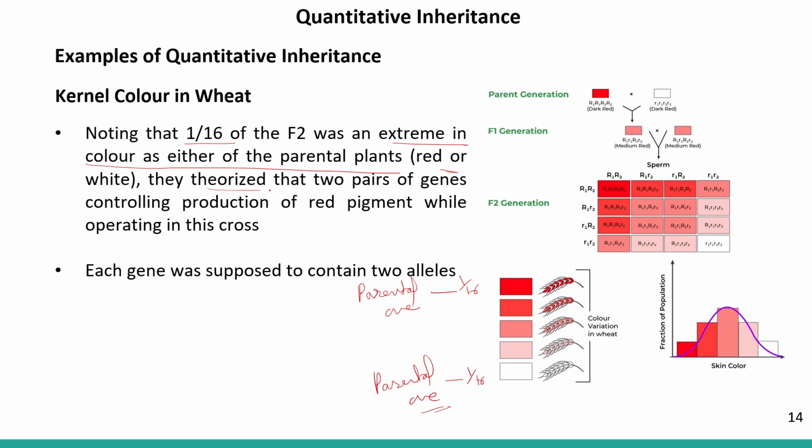So they theorized that 2 pairs of genes controlling the production of red pigment were operating in this cross. So 2 pairs like R1 R1 R2 R2, and small r1 r1 r2 r2. Each gene was supposed to contain 2 alleles.